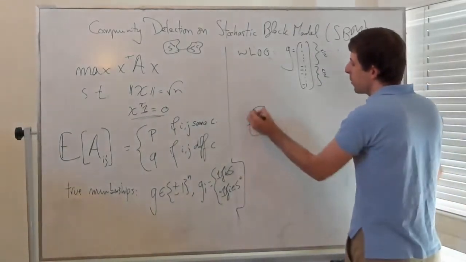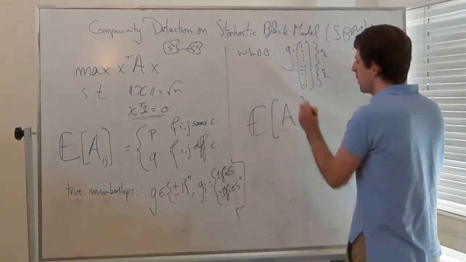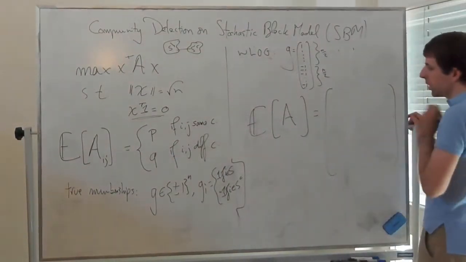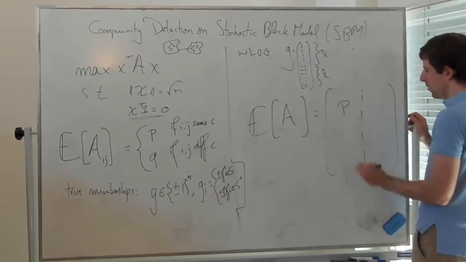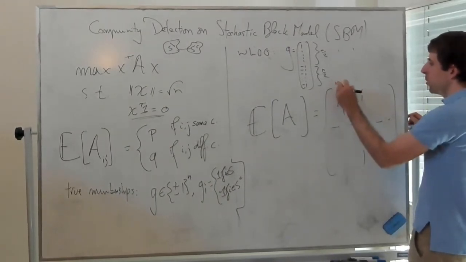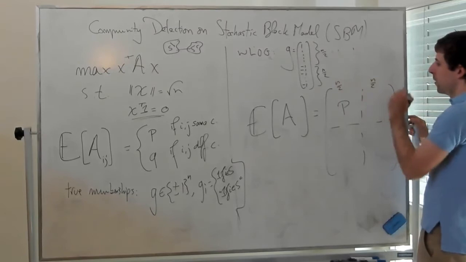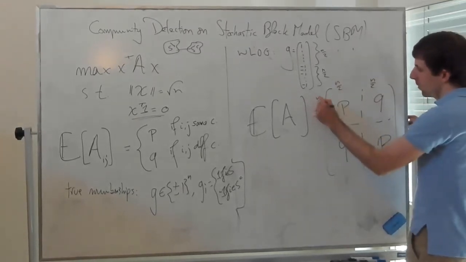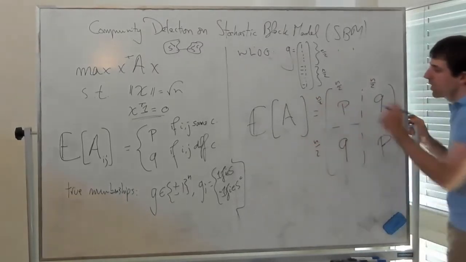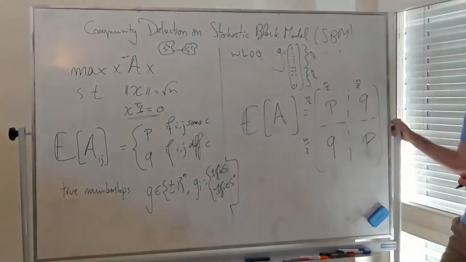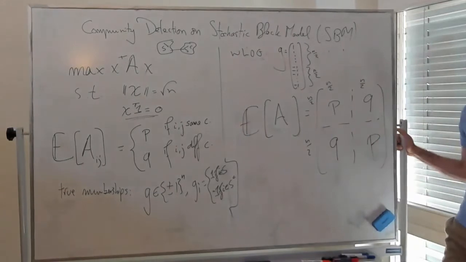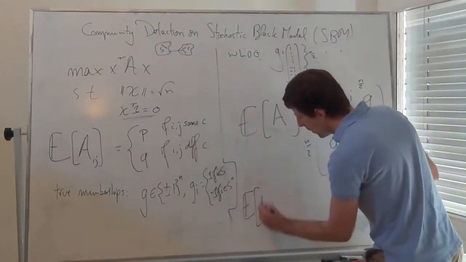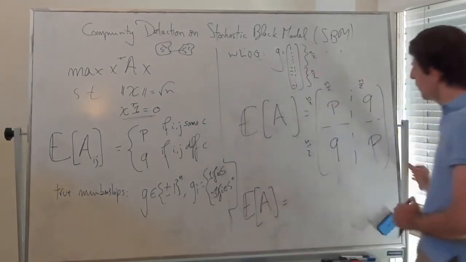But then if I look at the expected value of A, what is this? This is just a big matrix with a bunch of P's over here, a bunch of Q's here, a bunch of Q's here, and a bunch of P's here, where each of these is an n over 2 by n over 2 block. In particular, this is a rank 2 matrix. It's not so hard to check that the expected value of A is actually quite easy to write.